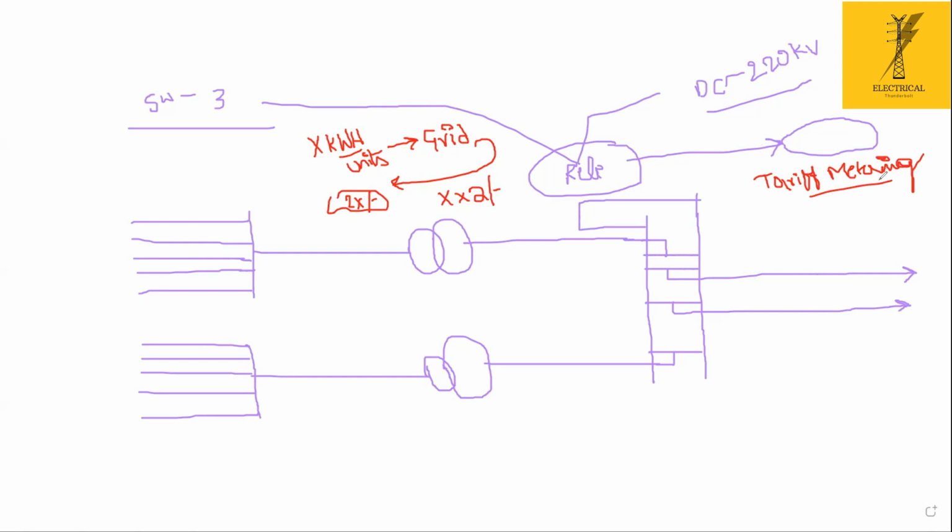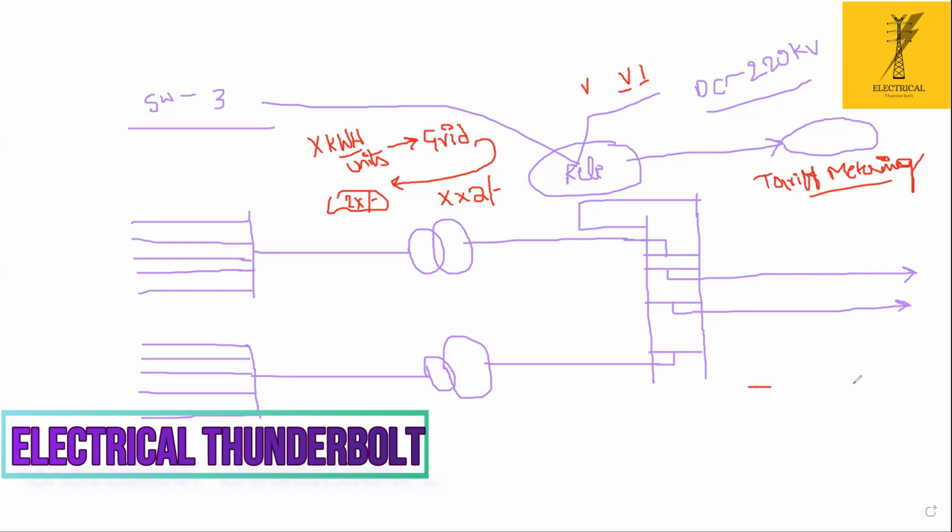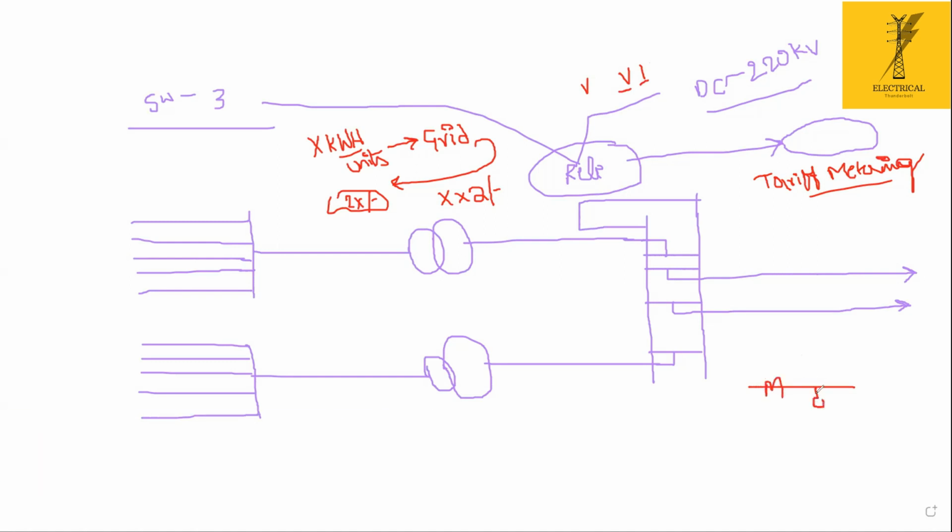Tariff metering. So how are you calculating the active power and reactive power? Obviously root 3 VI cos phi. So you would need two parameters: the voltage and the current. So obviously you require a CT and a PT, right? A CT and this PT. These two outputs you are connecting to a meter.